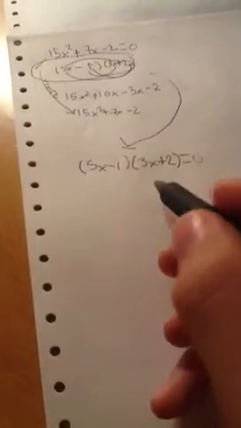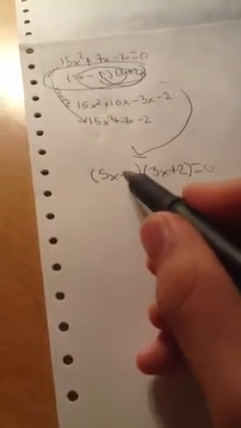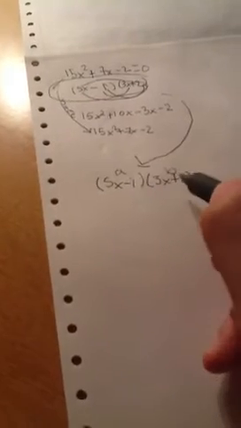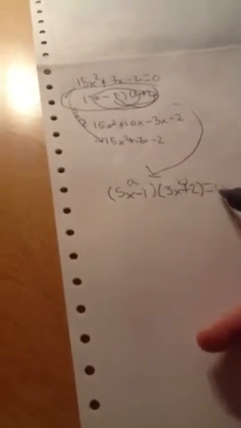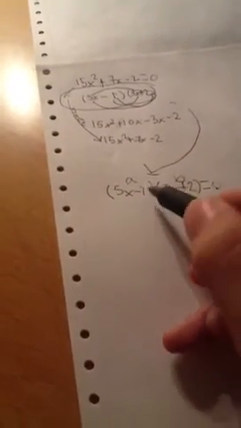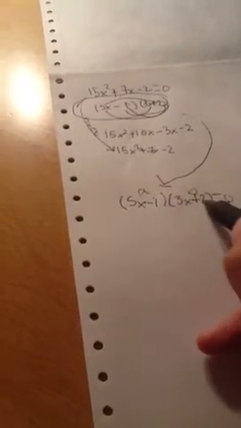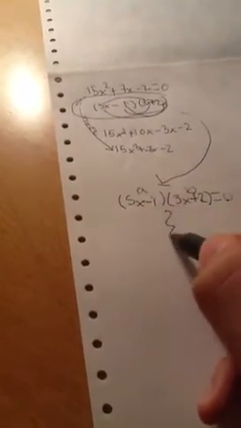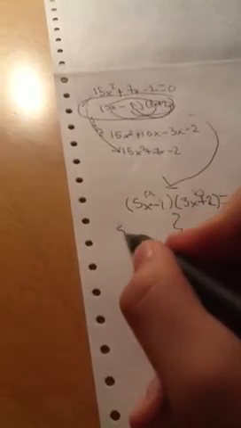And what the zero product property says is that if this is just a variable A and this is a variable B, and they're being multiplied together, one of them has to equal 0 for the result to be 0. So either this is 0 or this is 0. So then we just break it up and we set either of them equal to 0.